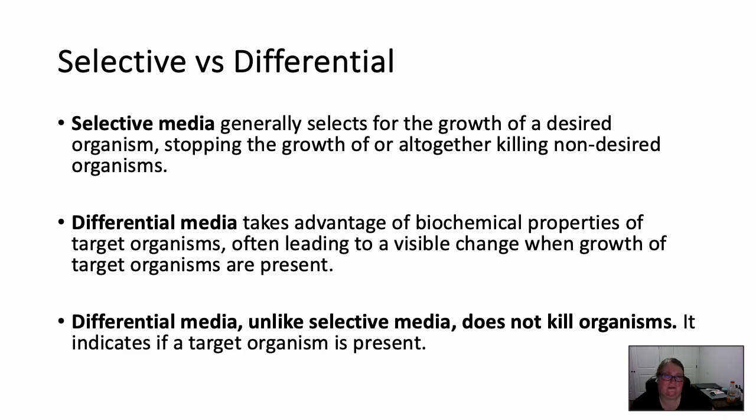So we will see a visible, usually a color change, when we're growing these bacteria. Differential media does not kill anything. It does not stop growth. It's going to lead to a color change. Selective media can stop growth. It can kill organisms. This is the biggest difference between the two. You have to know these two for the exam.